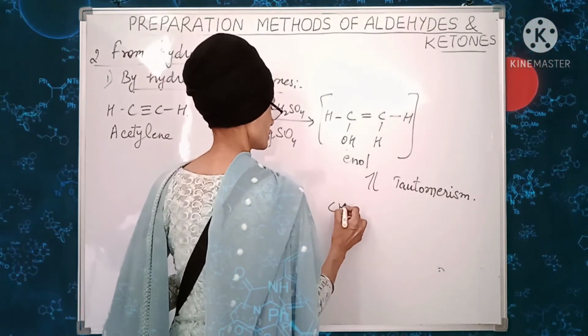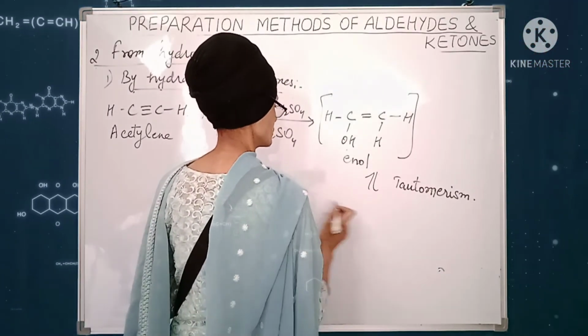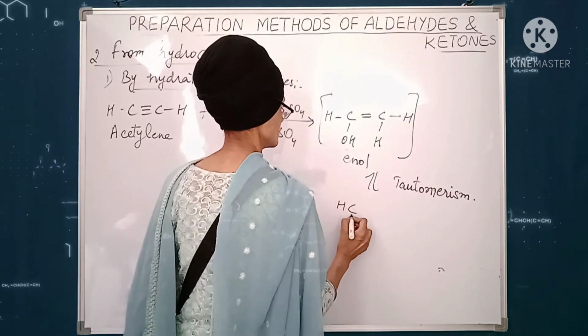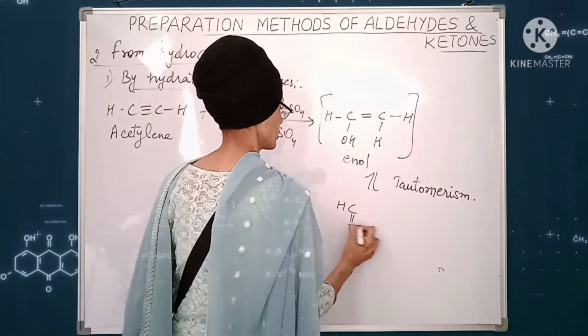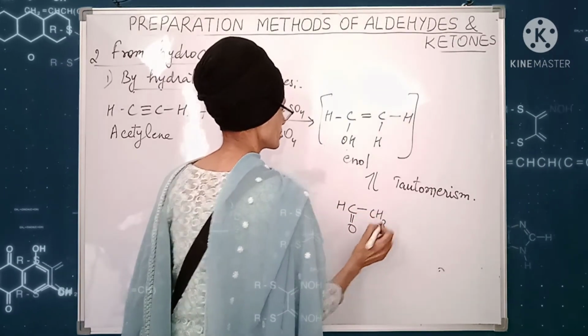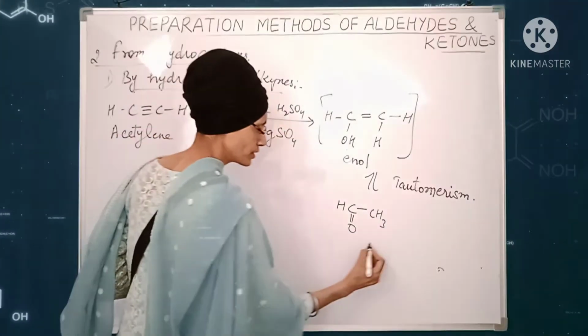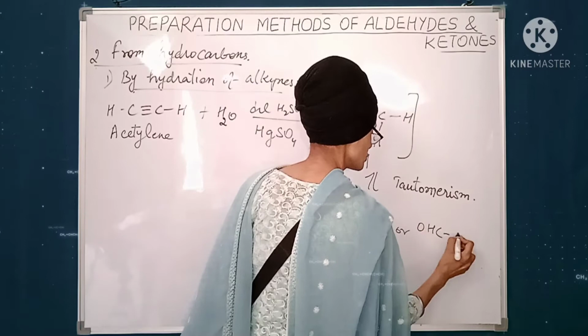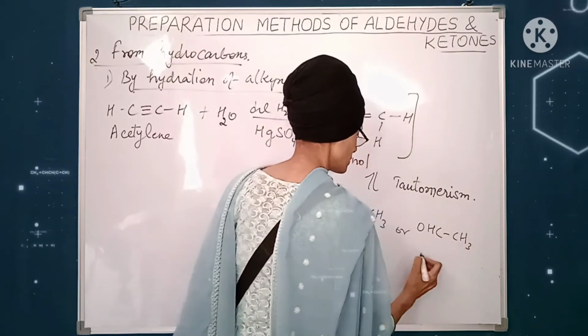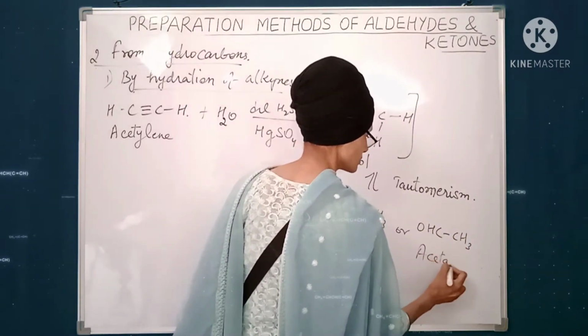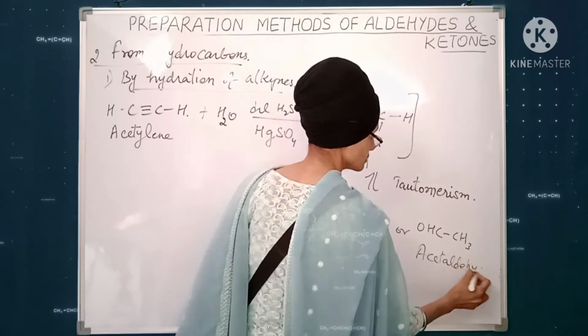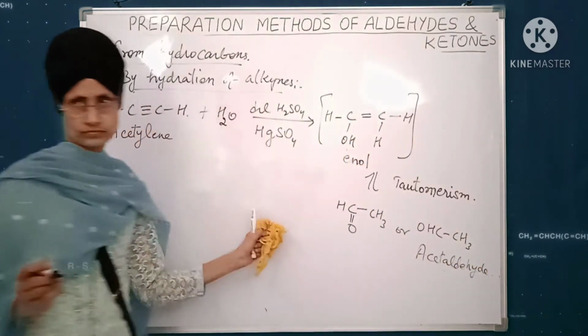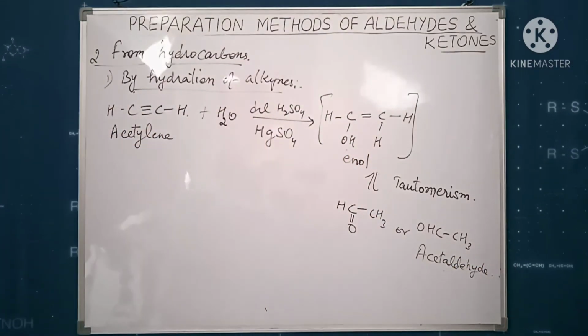We get CHO and CH3, which can also be written like this, CHO CH3. That is acetaldehyde, or ethanal, right?